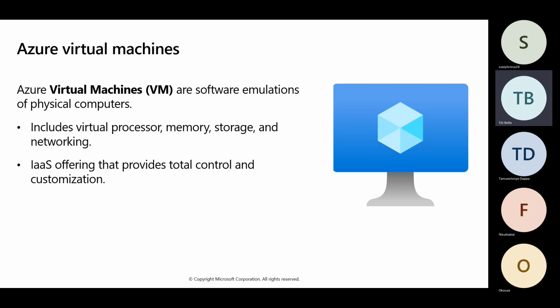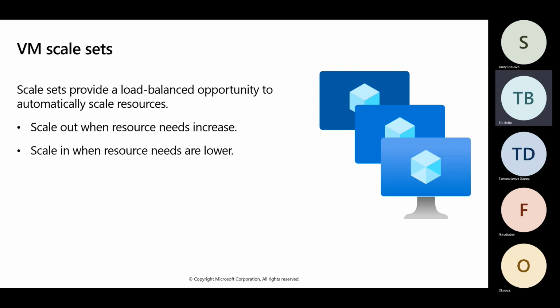So we move on from here. Now let's look at VM scale, that's virtual machine scale set. A virtual machine scale set allows you to centrally manage, configure, and update a group of identical or load balanced virtual machines in minutes, to make your application highly available.